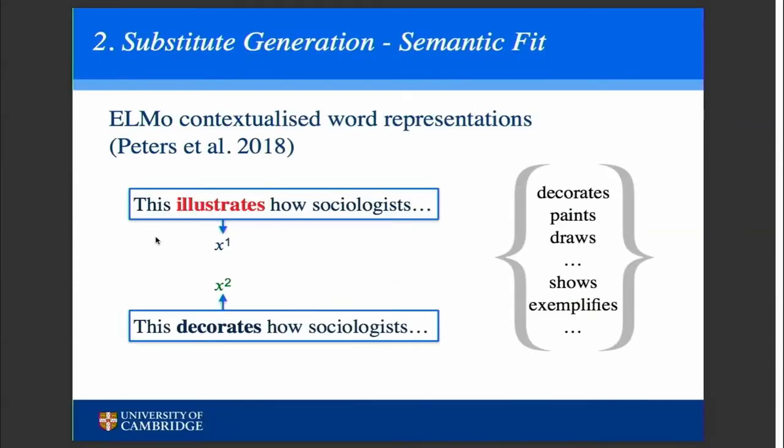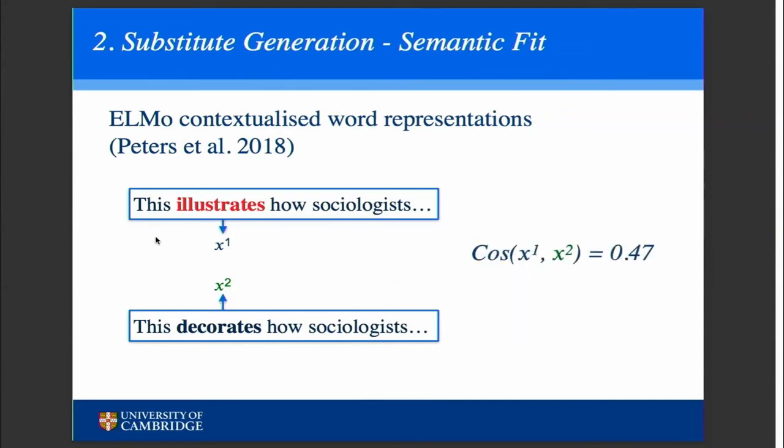So when we produce these vectors, we can produce a vector based on the context for illustrates, and we can produce one for decorates as well. And we can use the distance between these, so the cosine distance, to say, okay, how similar are these words within the context of the sentence? And we see here that we have a distance of 0.47, which relatively is quite a large distance and would say to the system, okay, this probably isn't a good semantic fit.